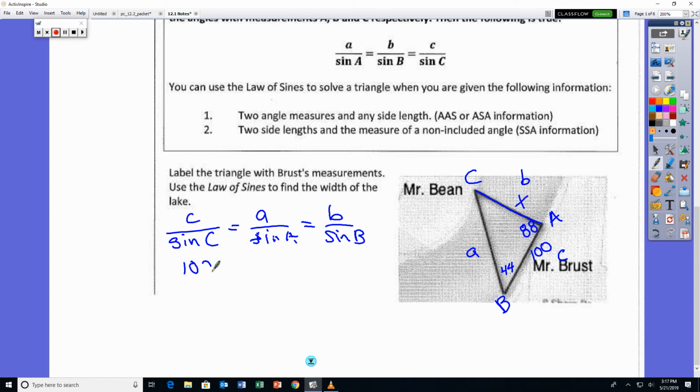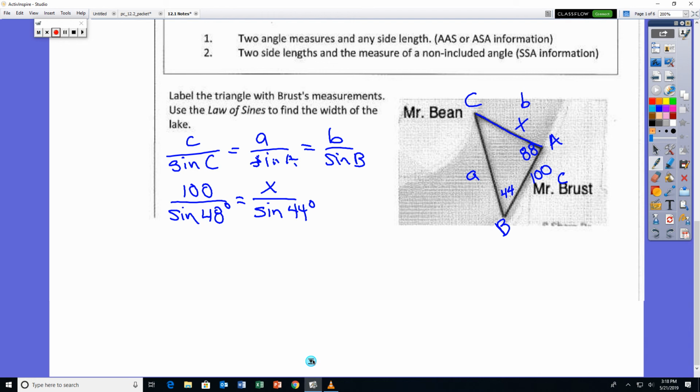That's 100. Angle C we can find because 88 plus 44, subtract that from 180, so that would get us 48 degrees. And then we know what the sine of B is, which is 44 degrees. And then we are looking for side B, which is X.